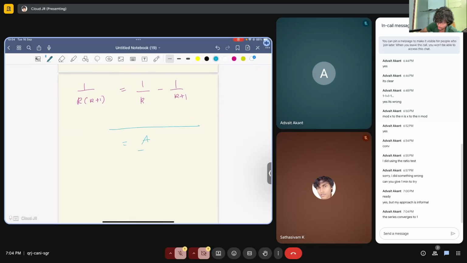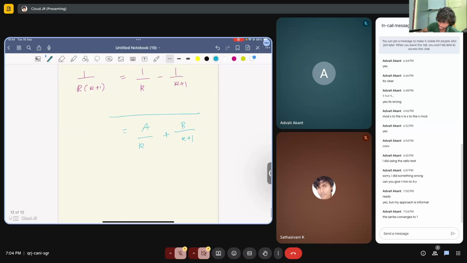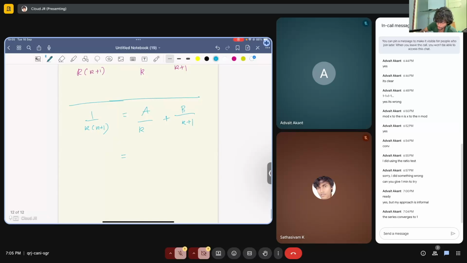So you write this as a by k plus b by k plus 1, and then you equate it. So this will be 1 by k into k plus 1, and if you compute, what you get is 1 is nothing but a times k plus 1 plus b times k.